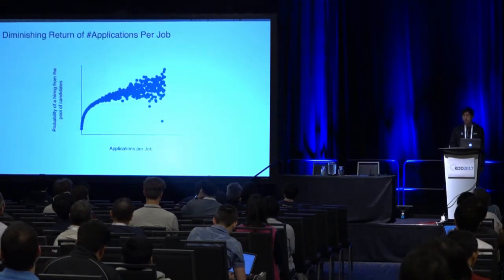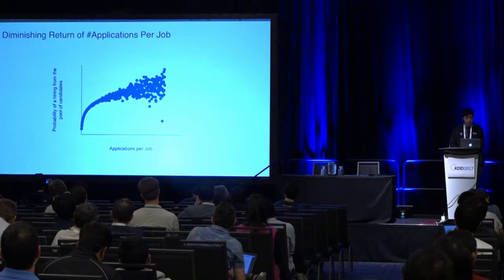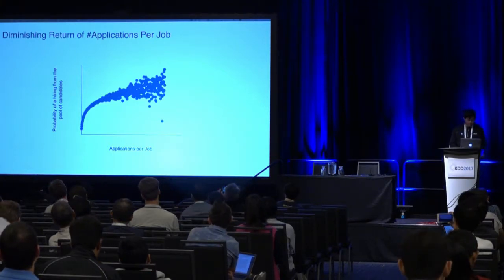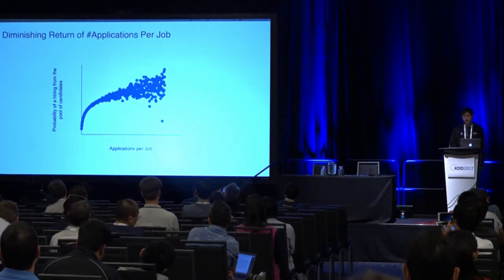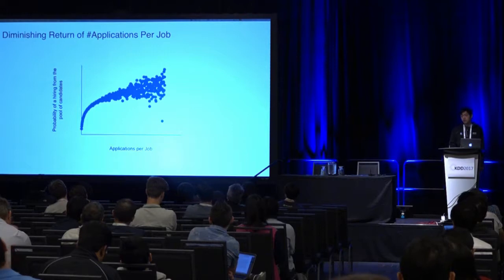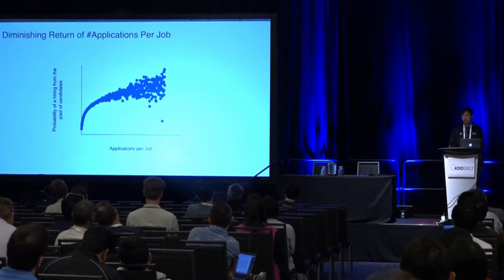Now, we did some analysis, and basically we look at the probability. The Y-axis here is the probability that there is a confirmed hire from a pool of candidates who apply to the job. And the X-axis here is the total number of applications for a job, right? And you can see that it's actually a diminishing return from the job poster's perspective.